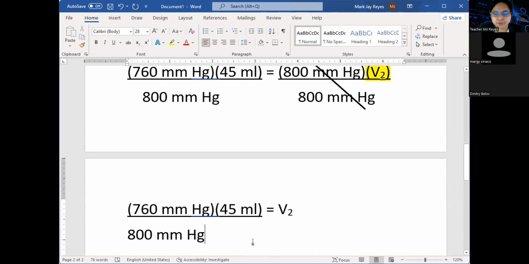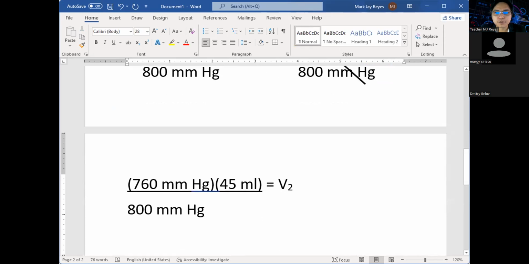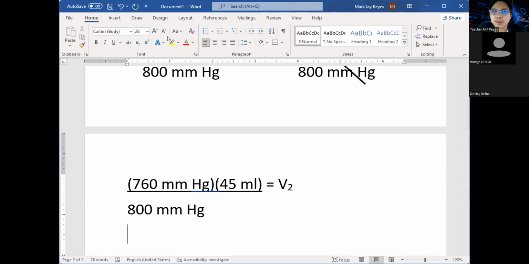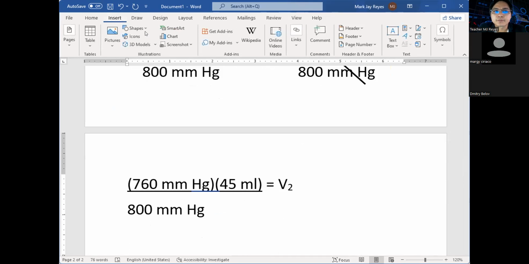We can now substitute for our V2: 760 times 45 ml. But before anything else, we can actually see like terms there, correct? The same units used, so we can cancel it over also.